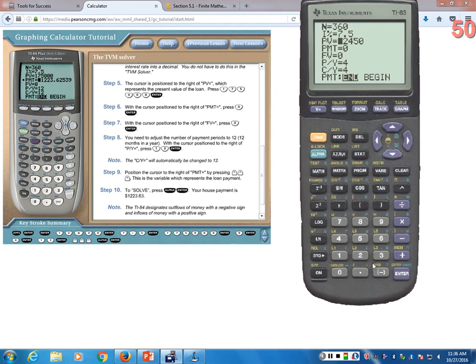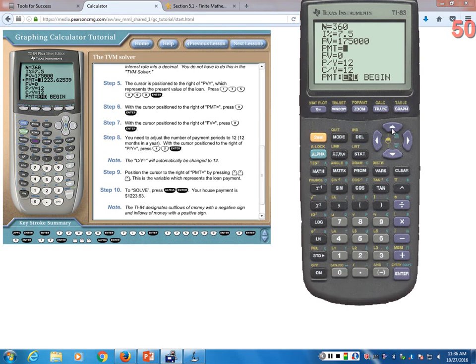And the present value was $175,000. I don't know the payment amount, I don't know the future value. There are 12 compoundings per year, and there are 12 payments per year, basically. So you move your cursor to what you want to know.